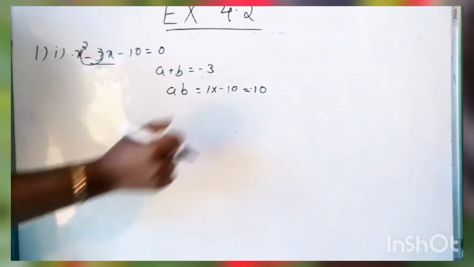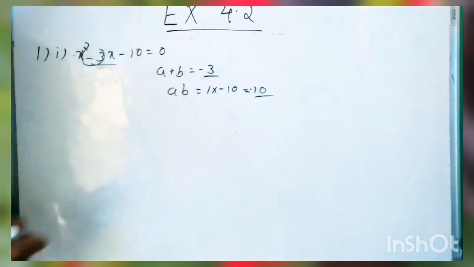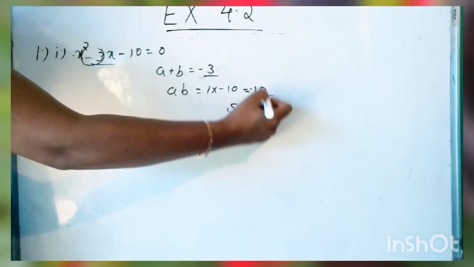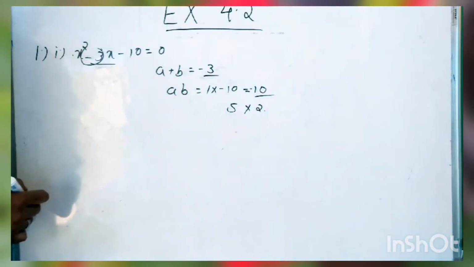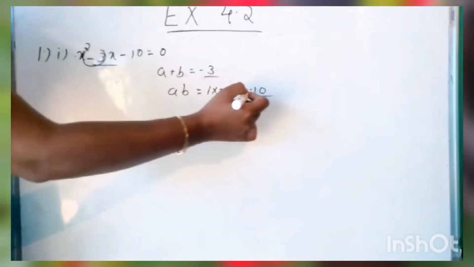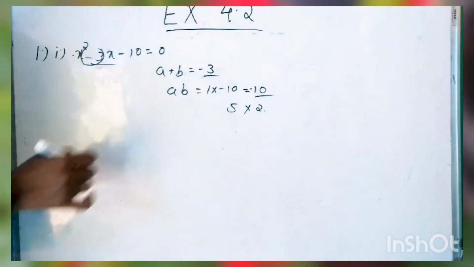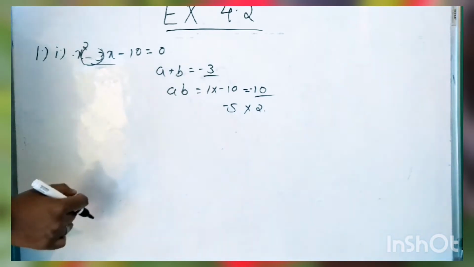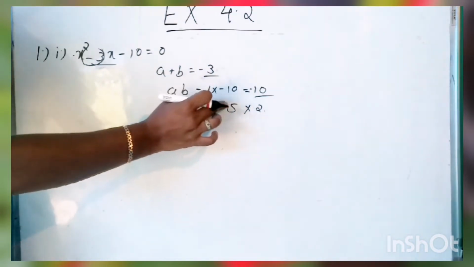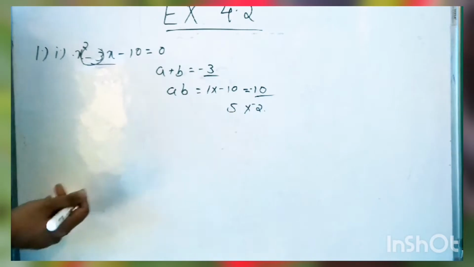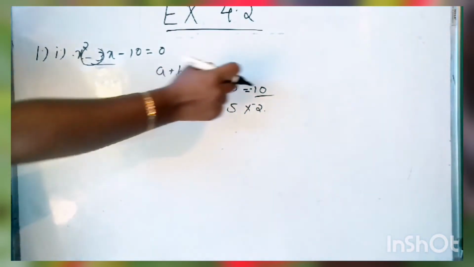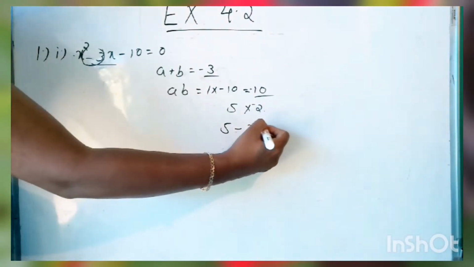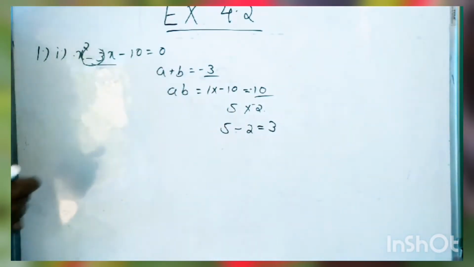So minus 10 and minus 3. We know that 5 into 2 is 10, but here we need to get minus 10. So either we put minus here or we put that minus with 2. If we put minus with 2, we get 5 into minus 2 is equal to minus 10, but 5 minus 2 is equal to 3, which is not minus 3.